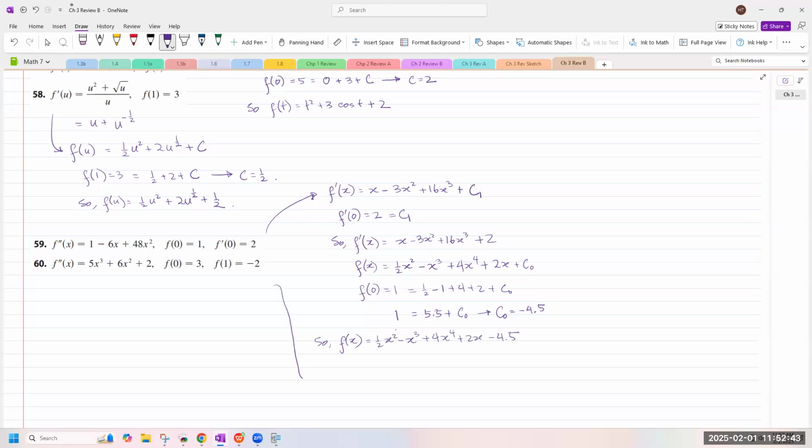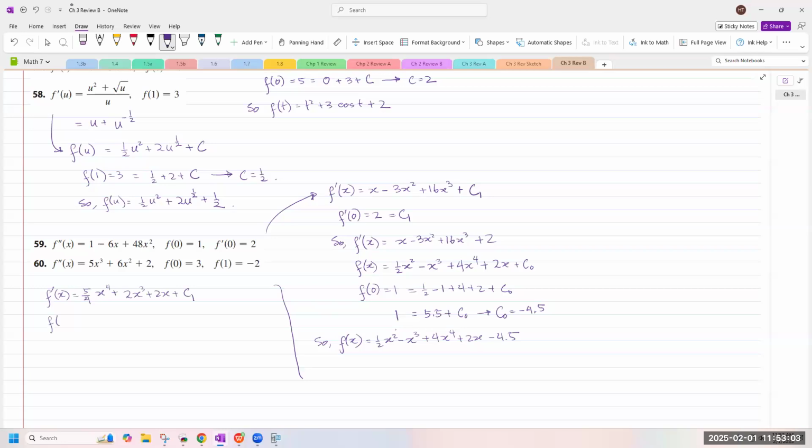Okay, number 60, f prime x equals 5 over 4 x to the 4th plus 2x cubed plus 2x plus c1. And then, oh, they don't tell us f prime, huh? So we need to go on from here.